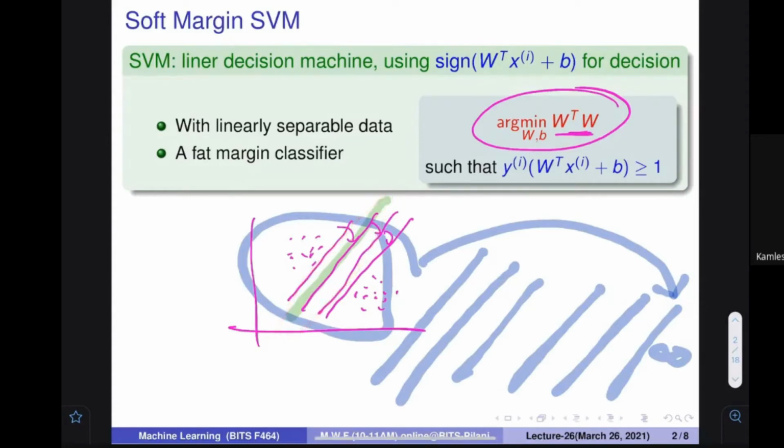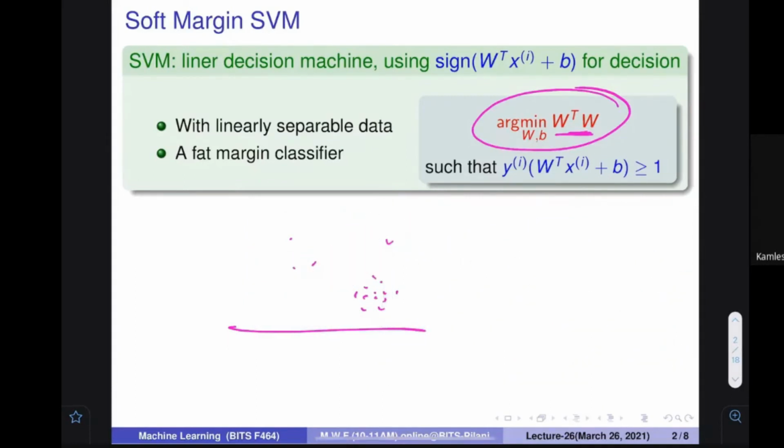So if you put another condition that along with this minimization, the classification should also be correct, then you cannot take these lines, because they are absurd lines. They do not give the right kind of decision. So apart from this minimization, we also have to say that all the classifications should be correct, and for that this is a condition.